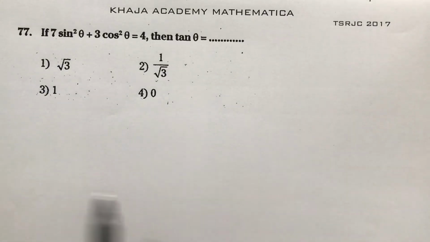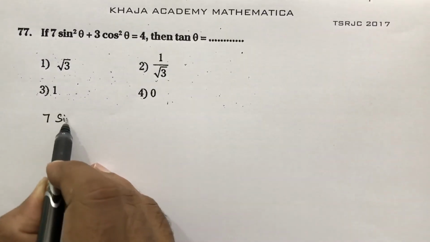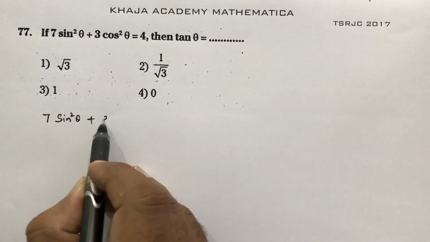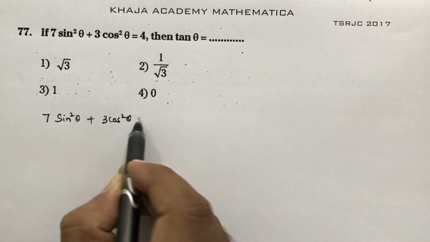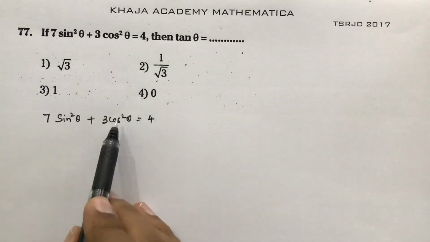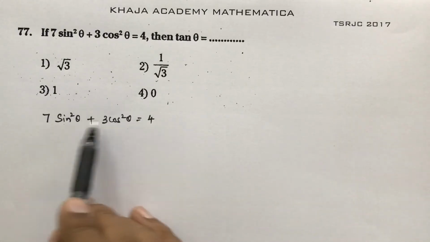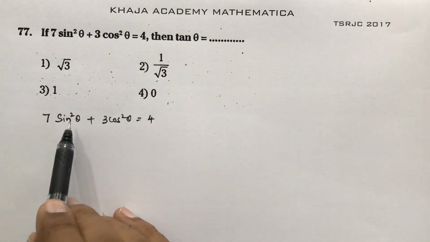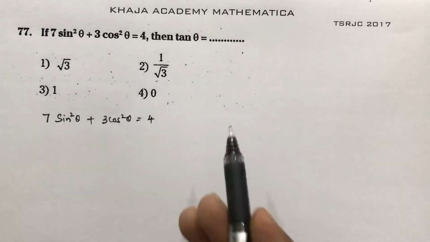If 7 sin square theta plus 3 cos square theta equals 4, then the value of tan theta. So here we have sine square and cos square. Change any one ratio: sine square you can write in terms of cos, or cos square you can write in terms of sine.